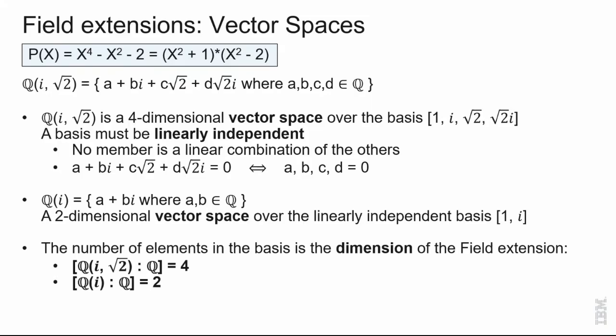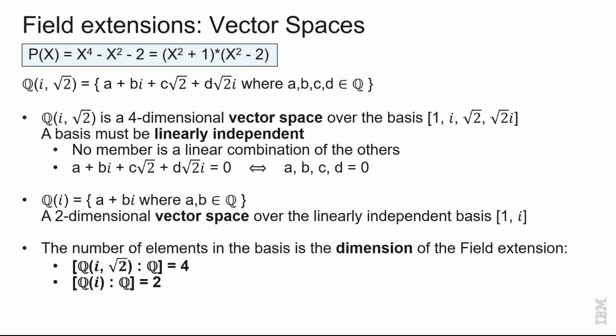So now we come to a new definition. The dimension of a field extension, like Q adjoined i and square root of 2, is the size of the basis which spans this field extension as a vector space. So, for example, Q adjoined i and square root of 2. If you take your coefficients from Q, you get a vector space of size 4.